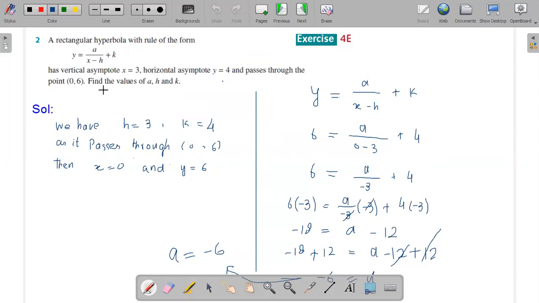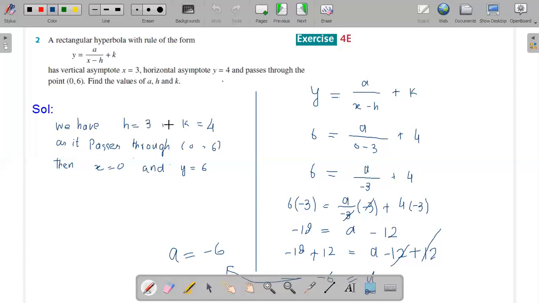In this case, this is the vertical asymptote, that is the value of x, and we know that an asymptote is a part of any hyperbola. So x equal to 3 means that we have been given the h value because we add h in the x coordinate. So this x is actually h, and if you have revised chapter number 2 and 3, there they have explained that if we have an equation like this, then h and k are the vertical asymptote and horizontal asymptote.